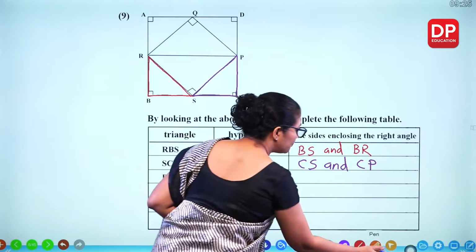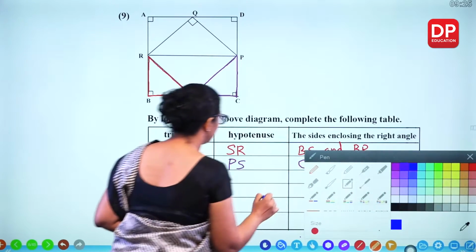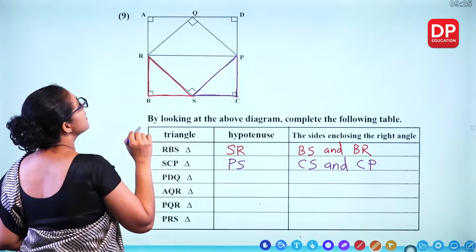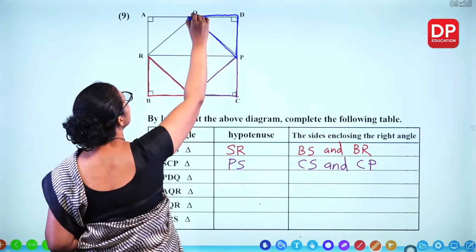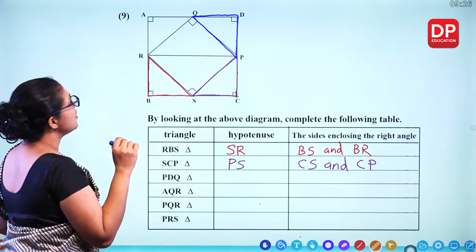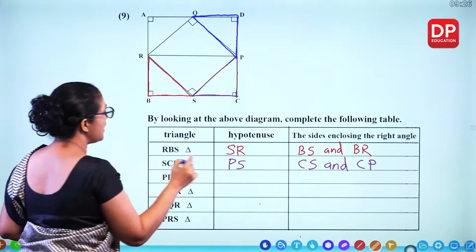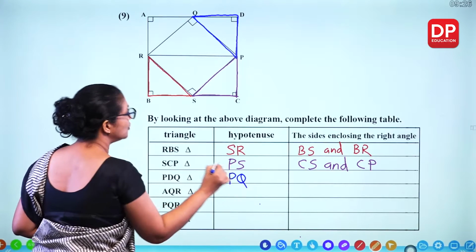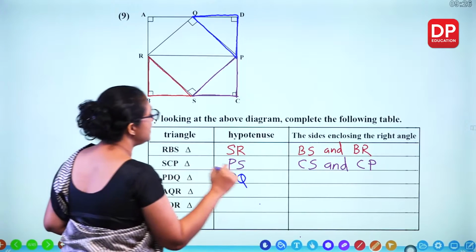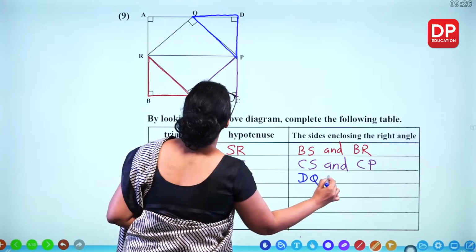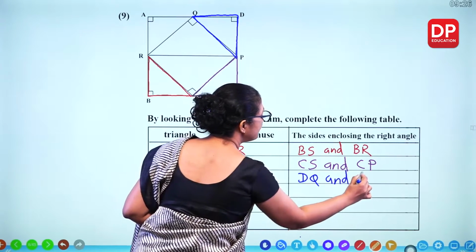PDQ. This one. So what's the hypotenuse? Opposite to D angle. PQ. And what are the two sides? DQ and DP.